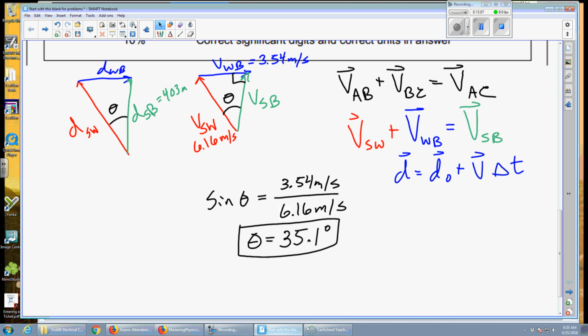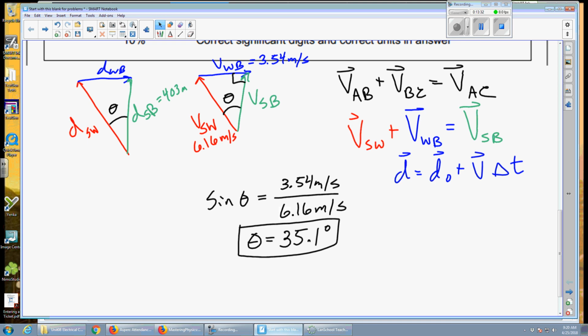What's your preference? Which one do you look at and go, oh, that makes sense? To use green, or to use red, or to use blue? You want to use red? Okay. So we're going to do it using red, but realize we can do it with any of them.